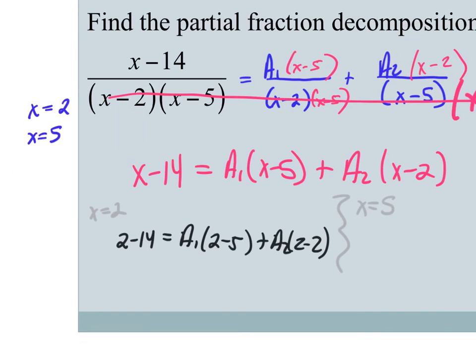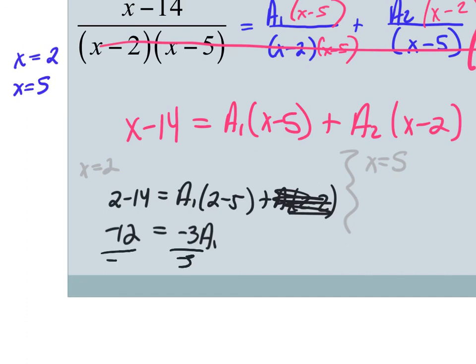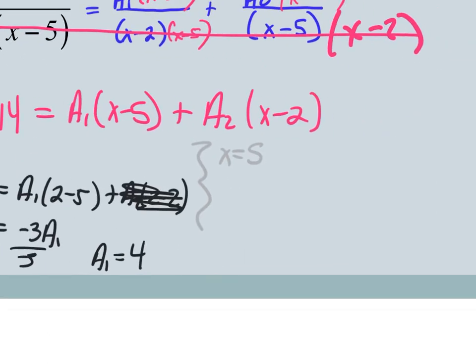What's 2 minus 14? Negative 12. Perfect. And then I have negative 3 a sub 1. Agreed? What's going to happen with 2 minus 2? Cancels out. So divide by negative 3. a sub 1 equals 4. Same exact thing on the other side.